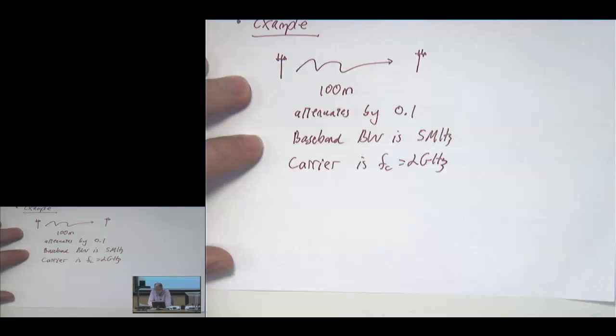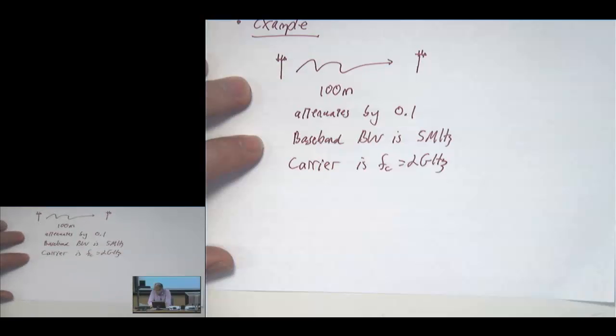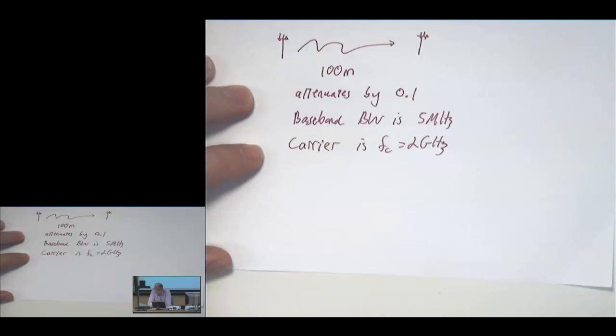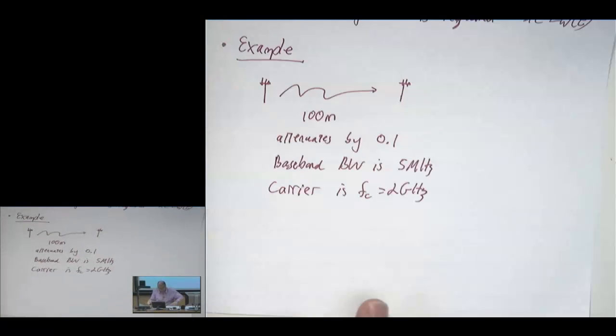As you've already seen, cellular networks often operate at 1.8, 1.9 gigahertz, and 5 megahertz is the common bandwidth for wideband CDMA. So it's a perfectly reasonable set of numbers here. 100 meters is a reasonable distance. Now, the fact that there's not a more complicated channel is another story, but we'll deal with that later in the class.